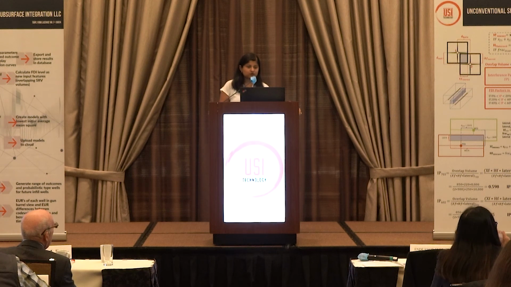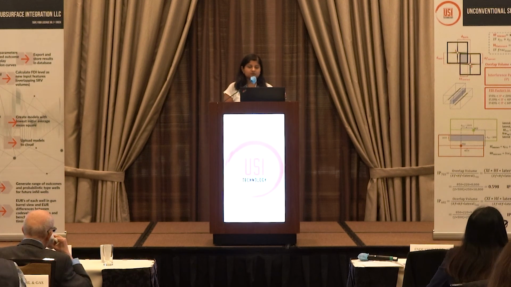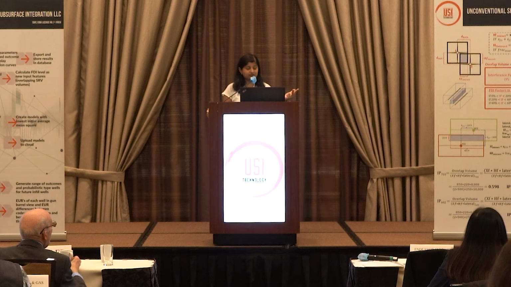I showed this workflow before, but after enough case studies earlier in the presentation, I wanted to revisit this, just so we can bake this in our brains. You use your geology, your PVT, and representative wells that you get these parameters from.